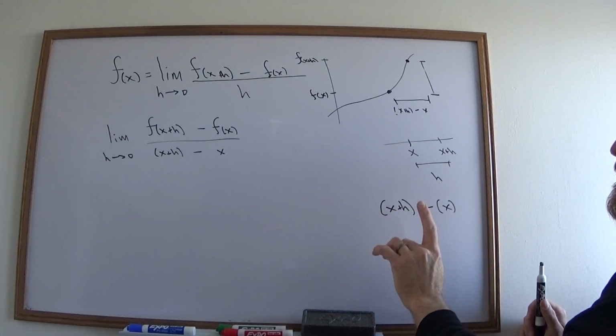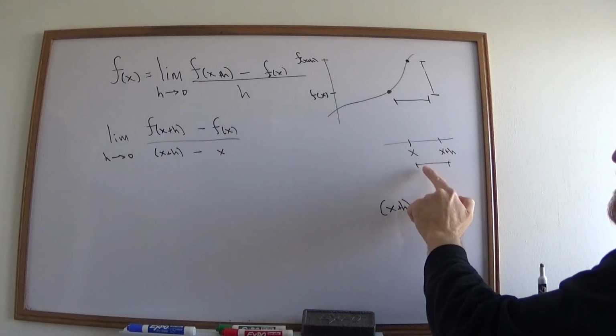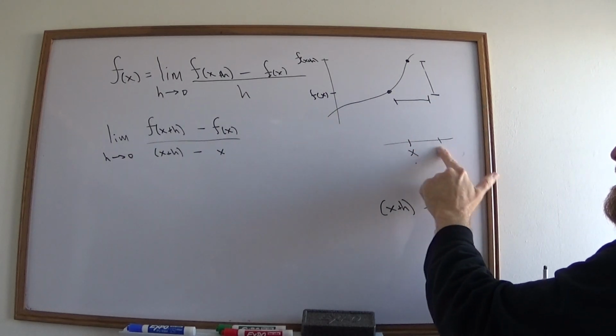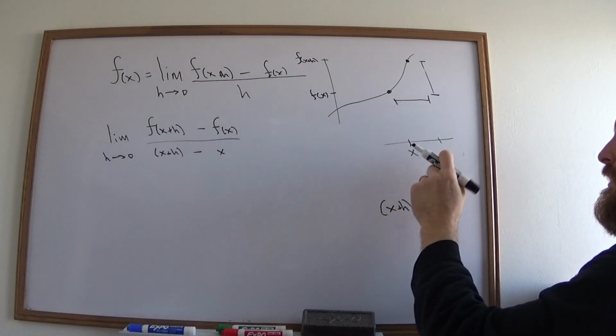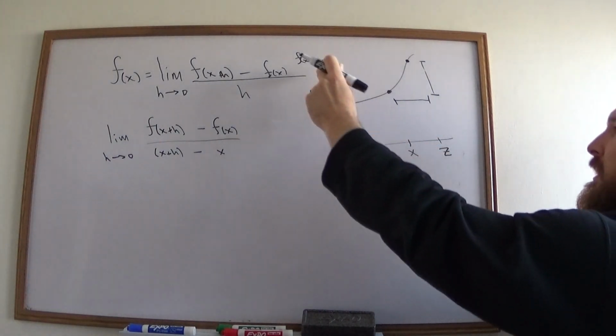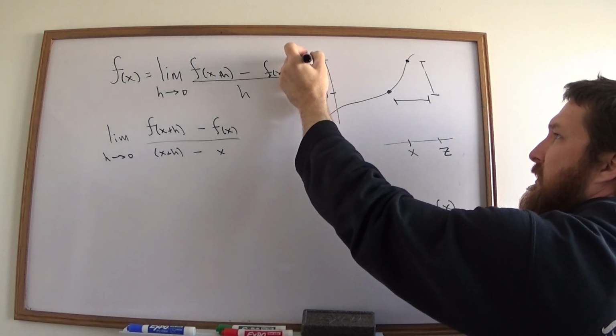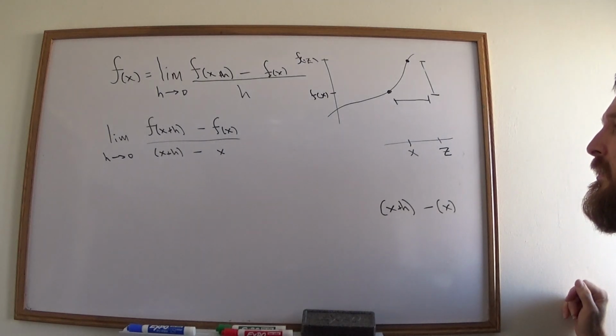Now, let's do a couple different things. Let's say instead of going to x plus h and using h, I'm saying let's use, how about z here. You have your z, you plug in an f of z, and you get that.